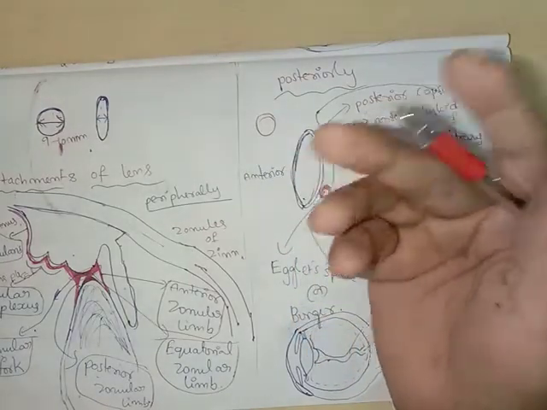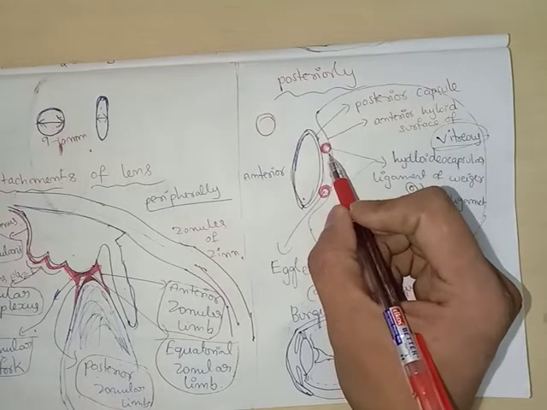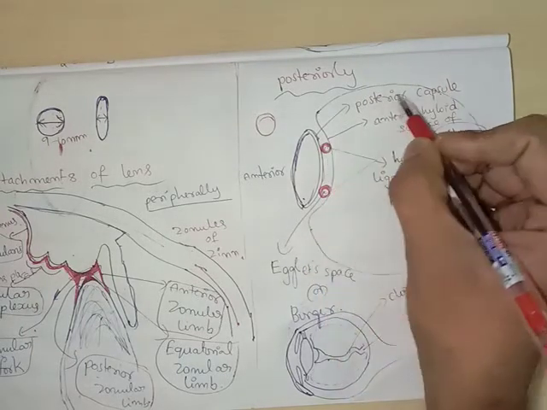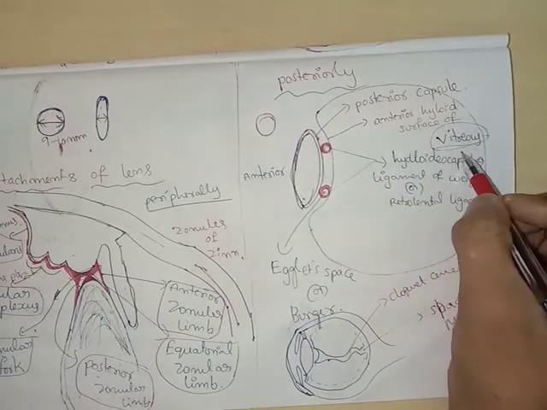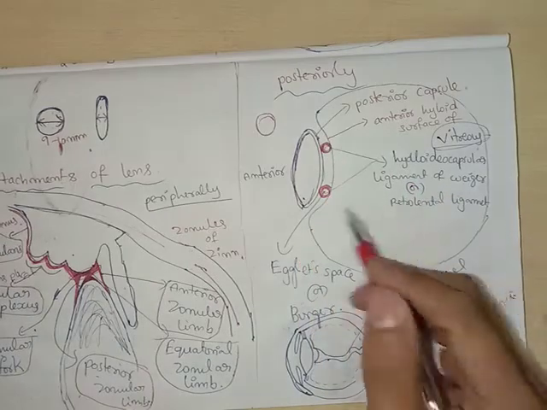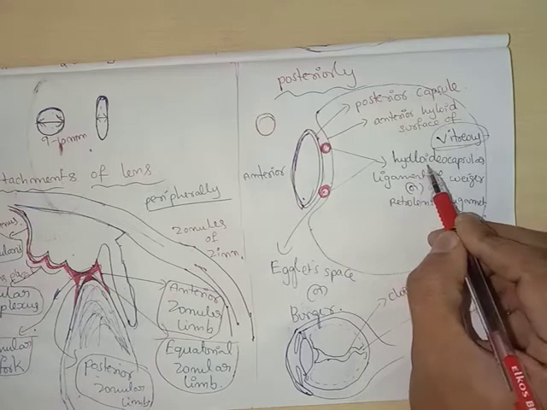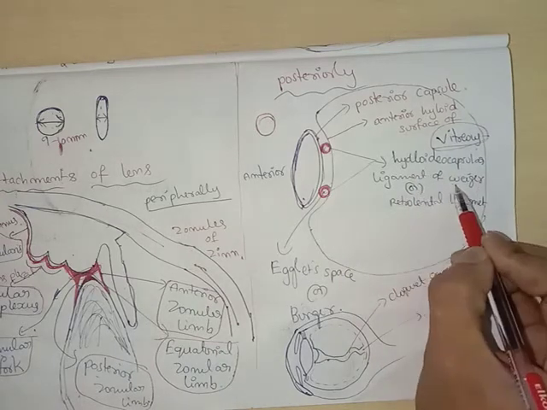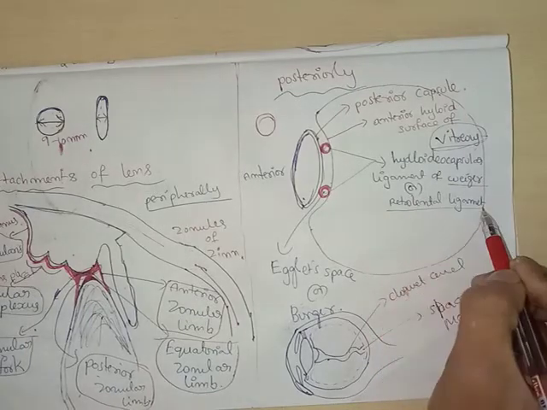Which connect two things. Here the circular adhesions connect the posterior capsule with the anterior hyaloid surface of the vitreous. These are circular in shape, so they are called the hyaloideocapsular ligament, or it is also known as the retrolental ligament.